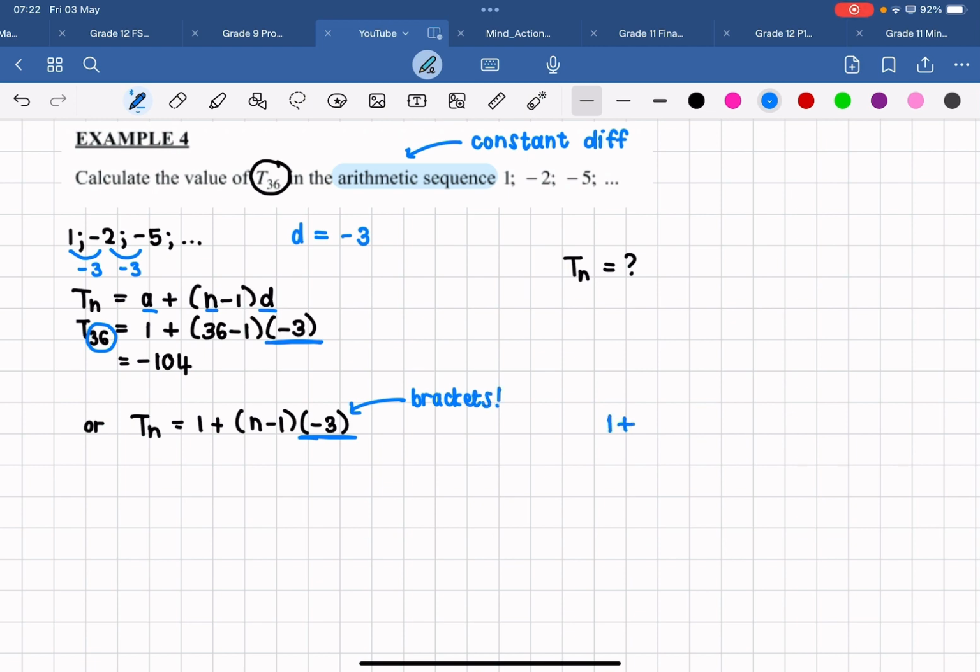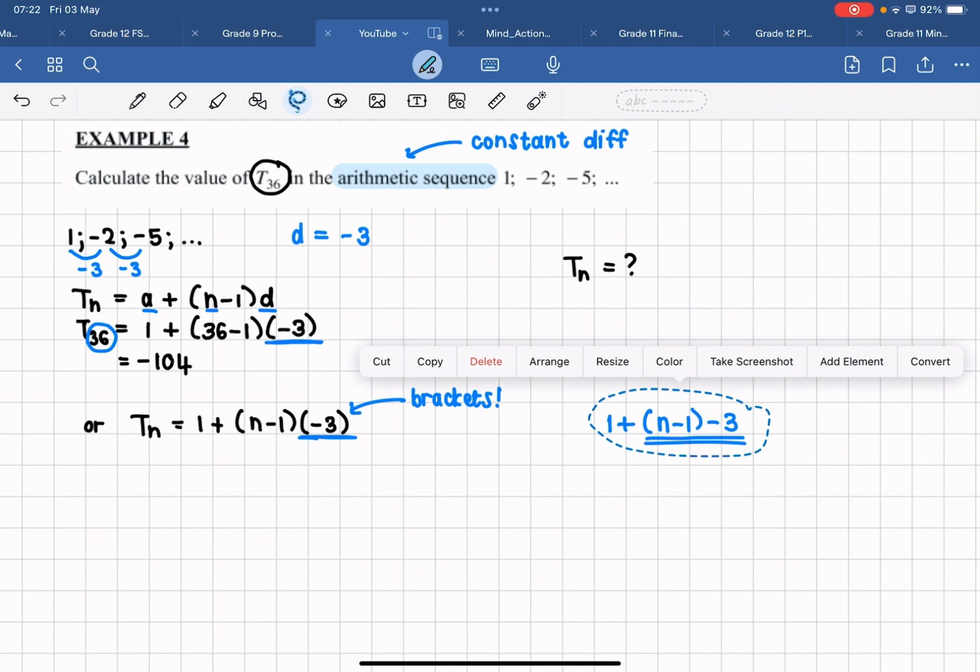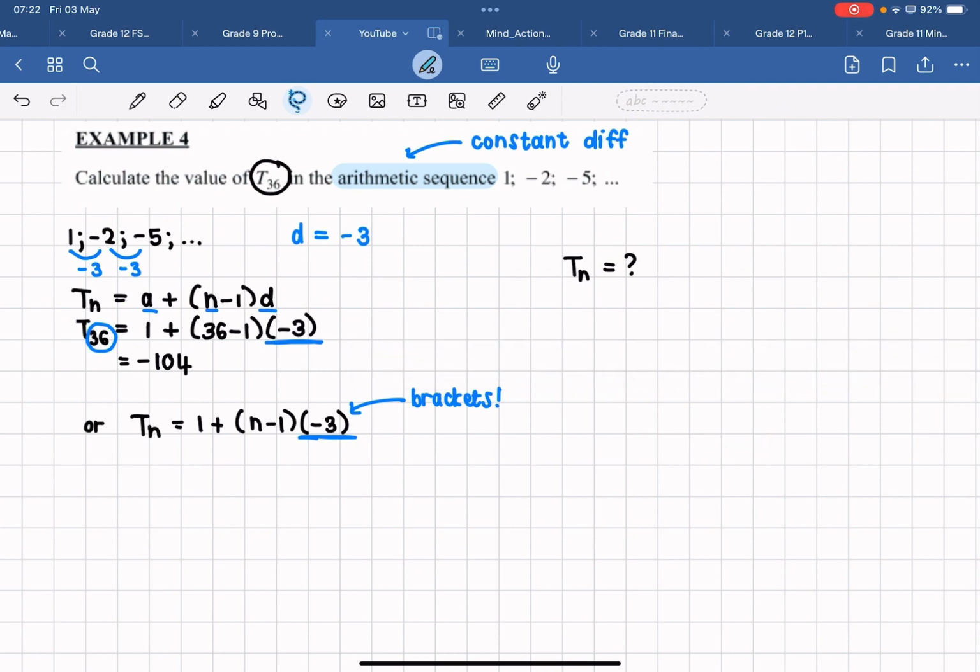If you didn't have brackets, then it would look like this. And what is happening here now? I am subtracting 3 from the bracket. This notation is not showing that we are multiplying it. So please be careful, guys. You have to put your d value in brackets, especially if it's negative.